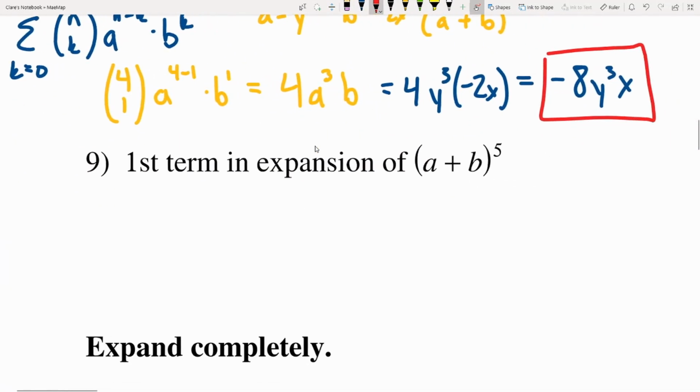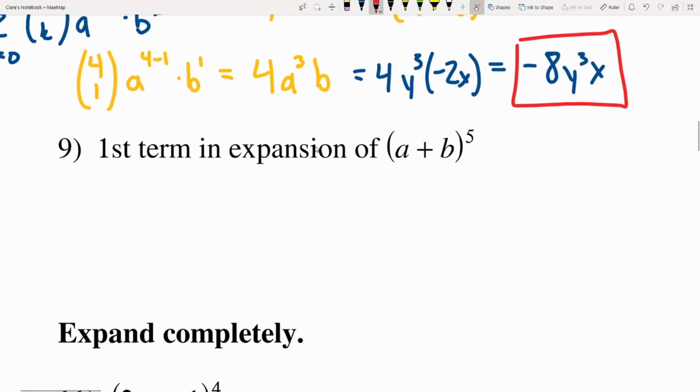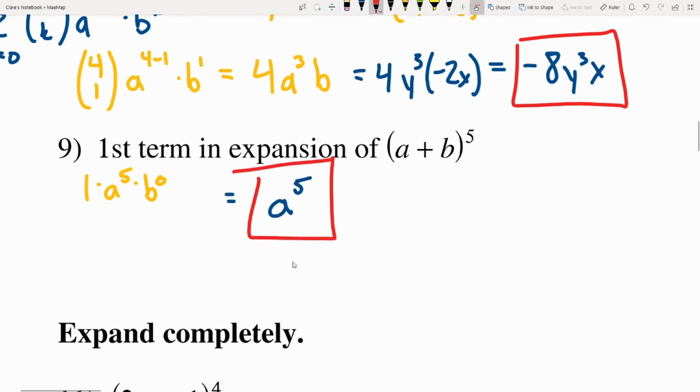In number 9, I'm looking at the first term in the expansion of a plus b to the fifth. And the nice thing about this first term, we're in the form of a plus b to the fifth, and that first term is always our a to the fifth, because it's multiplied by 1 and b to the 0. So our first term, again, is going to be 1 times a to the fifth times b to the 0, which in this case is just a to the fifth.